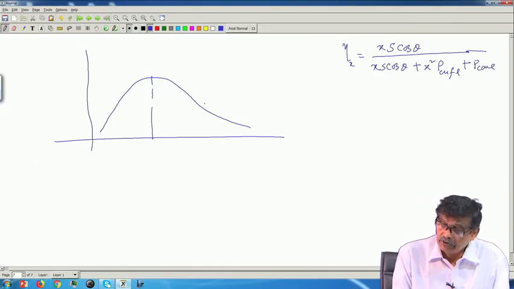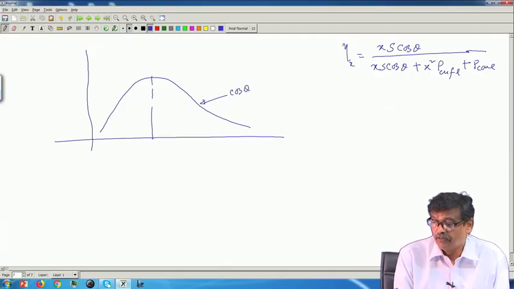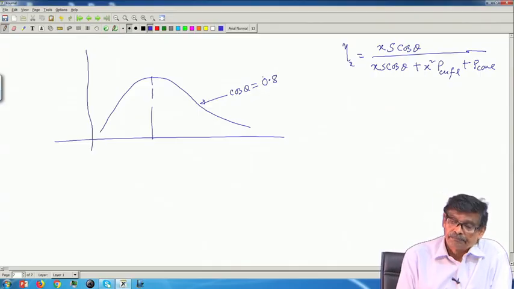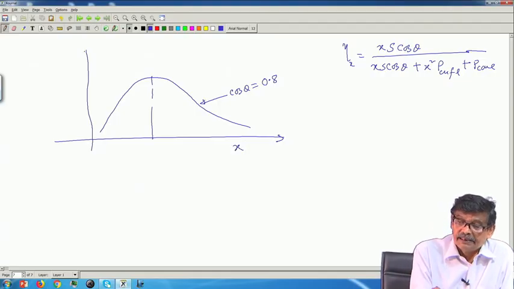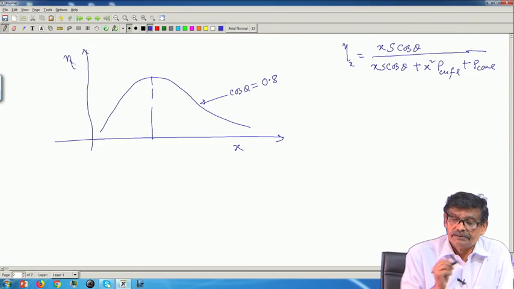And I told you, do not forget to attach at what power factor angle this curve has been drawn, maybe 0.8, and this is degree of loading x and this is efficiency eta.